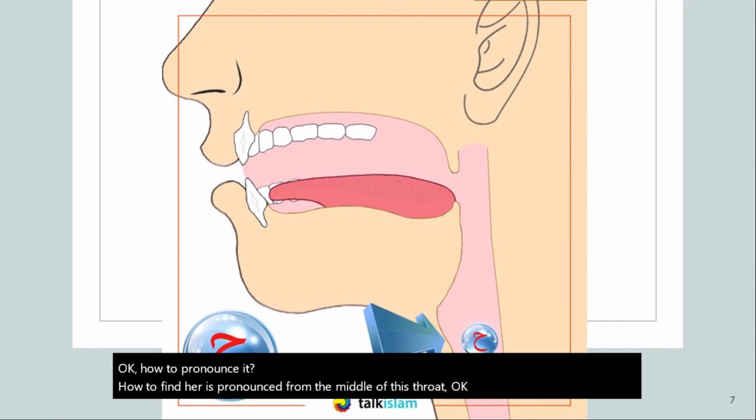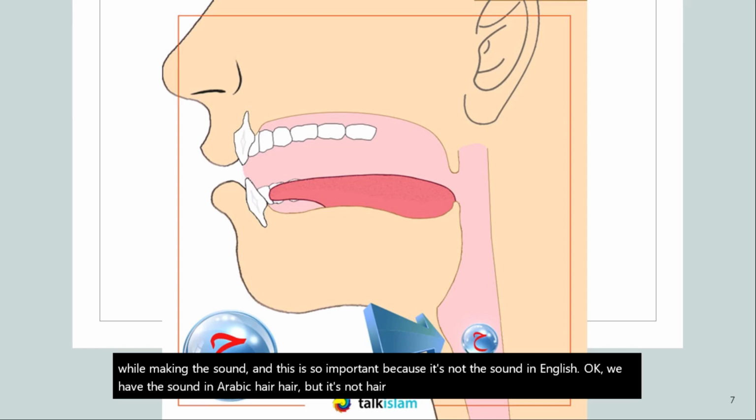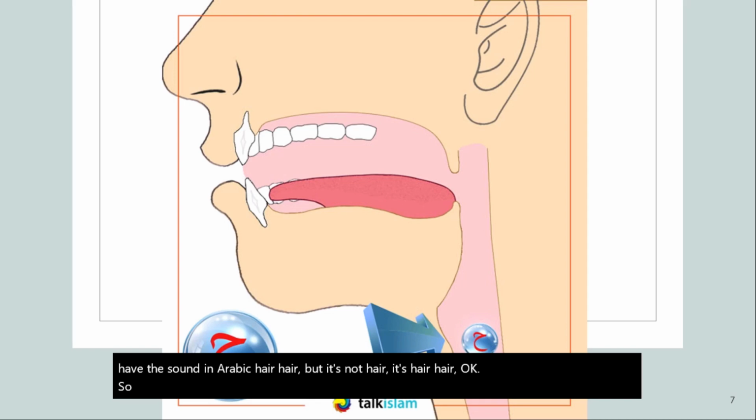As the voice box constricts while making the H sound, and this is so important because it's not like the H sound in English, okay? We have the H sound in Arabic, but it's not ha, it's ha, okay? So we make it without making the grunting sound. It's a soft letter. It's read in a soft and fluent manner.